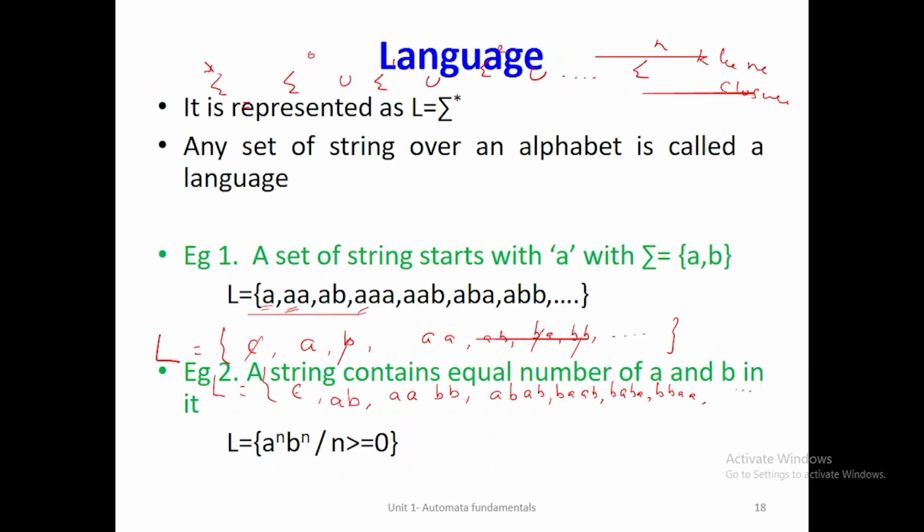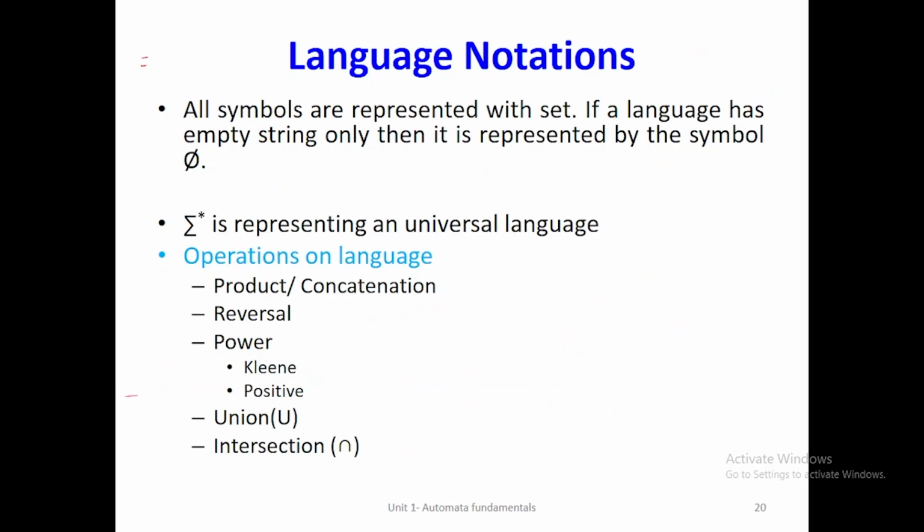In these three examples, we are aware that a language can be described with a set of strings, or it may be written as a generalized notation. So these are all the language notations available in theory of computation. All symbols should be represented with a set.